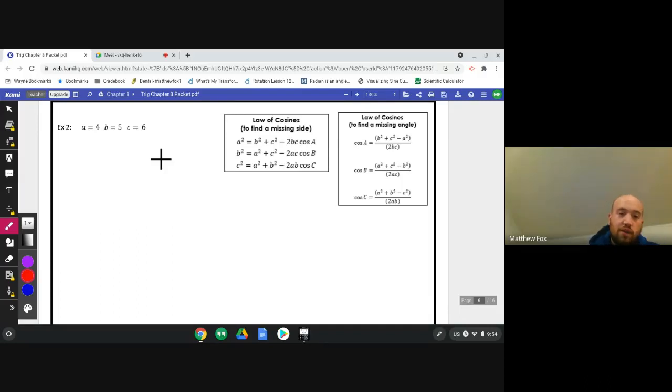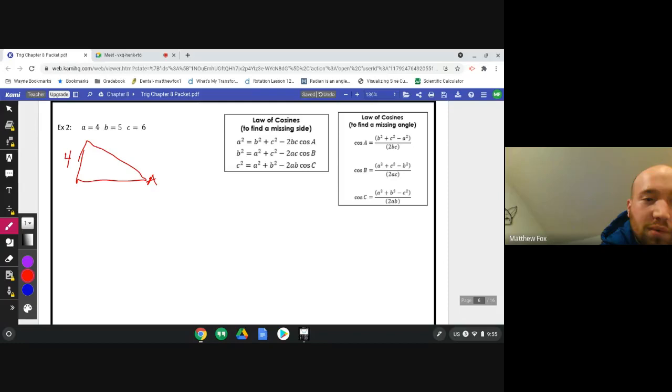But if we look at this first one, our example 2, I recommend we draw this triangle. Once again, some of you might not think that's necessary, but I think it just helps us see everything. So let's go ahead and label. A would be across from 4.